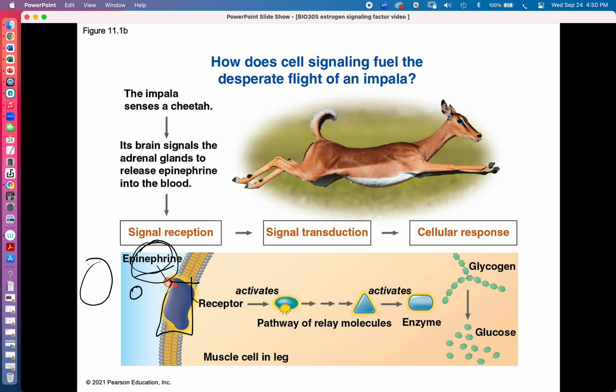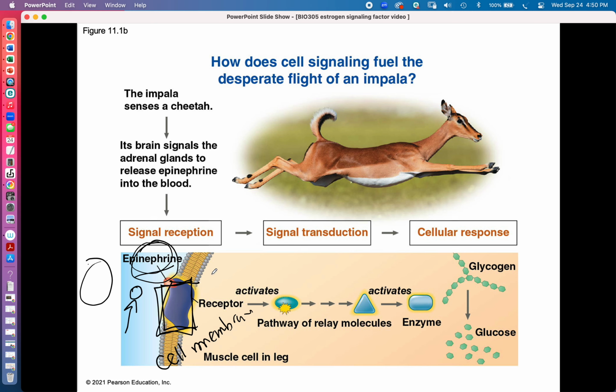This receptor for epinephrine is not a nuclear receptor. It's not in the nucleus. Basically almost every receptor, except the nuclear receptors, is actually in the cell membrane. So the signaling factors that we're going to learn about in our course are in the cell membrane.